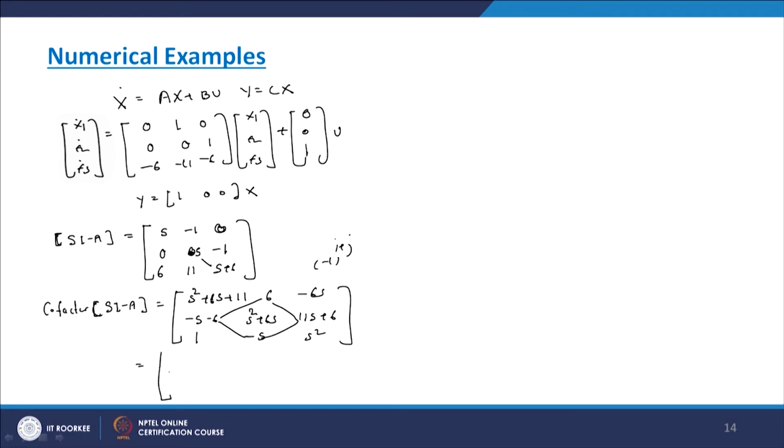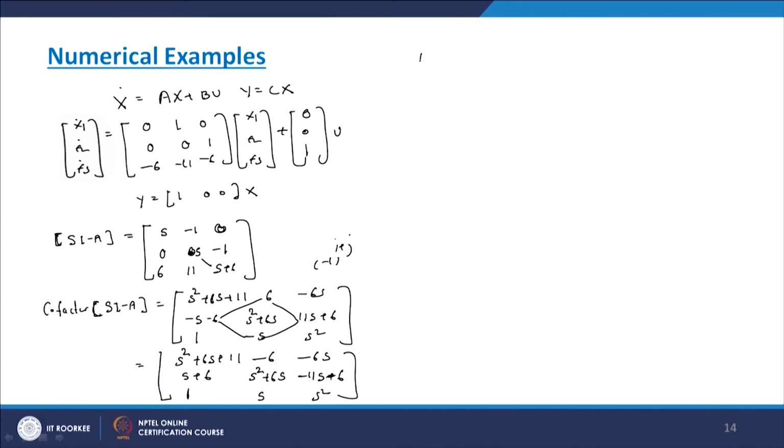We write this element s square plus 6s plus 11, then here this sign minus s minus 6, we write as s plus 6, plus 1, then here 6, because of this minus 1 raised to i plus j, this element becomes minus 6 and here is minus 6, then this is s square plus 6s, then here we get minus 11s plus 6 minus 6, and here we write 1, this is s and this is square. So, we got the cofactor of sI minus A.